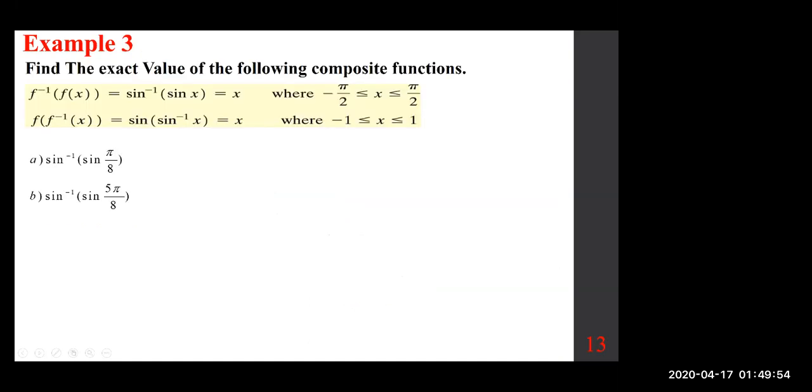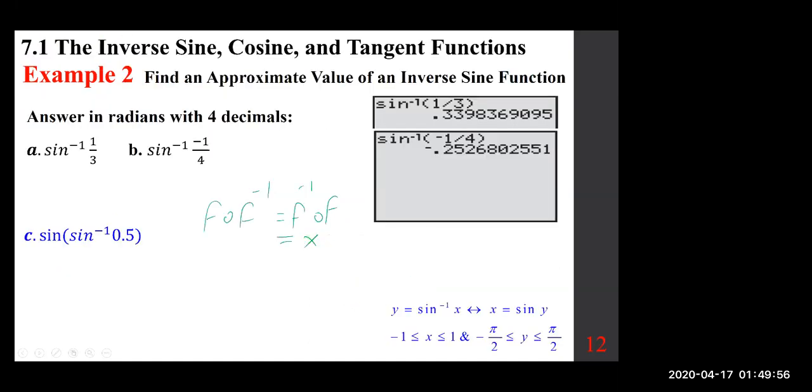Let's actually do this. Just erase this. f of f inverse equals f inverse of f equals x. So that one is 0.5, but what is this one? Well, sine inverse has a domain between -1 and 1.